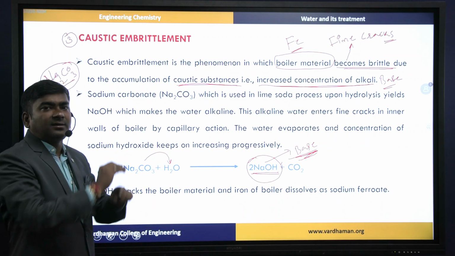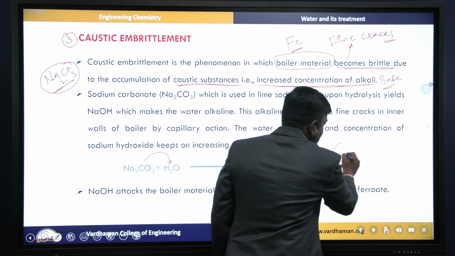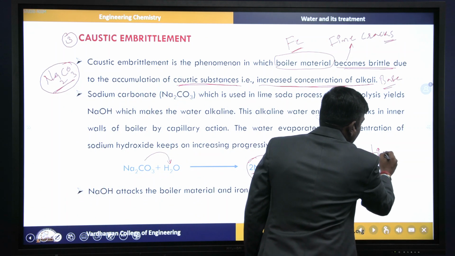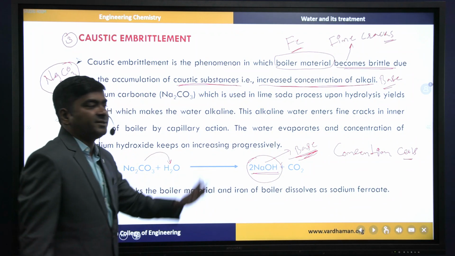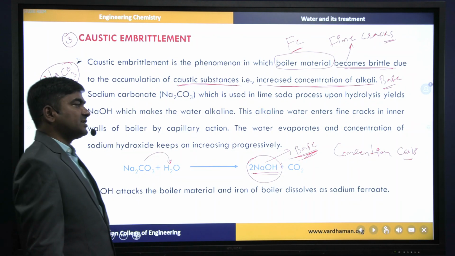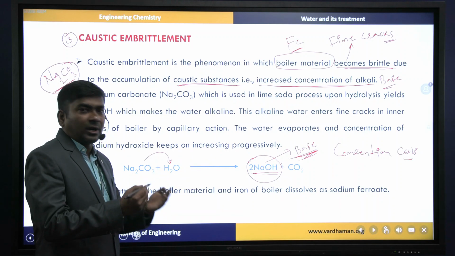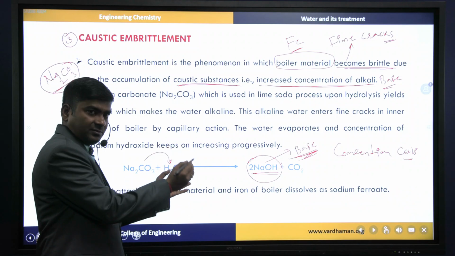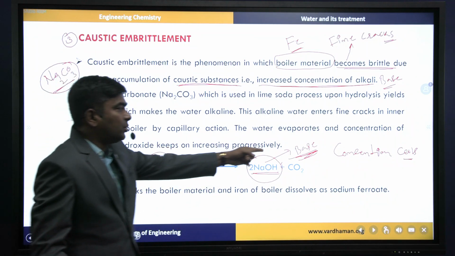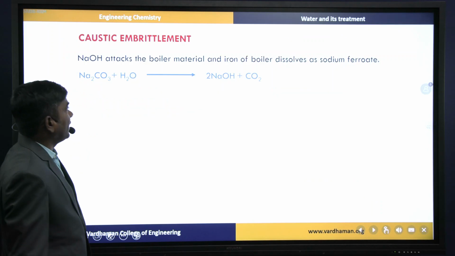That leads to the development of a number of concentration cells. What is a concentration cell? When the electrolyte concentration differs from region to region, that leads to the development of concentration cells, right?